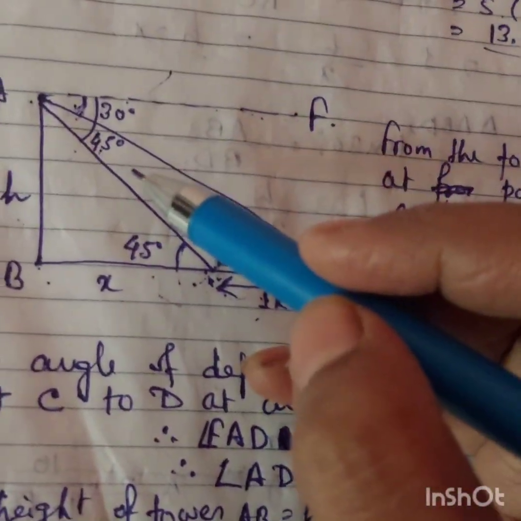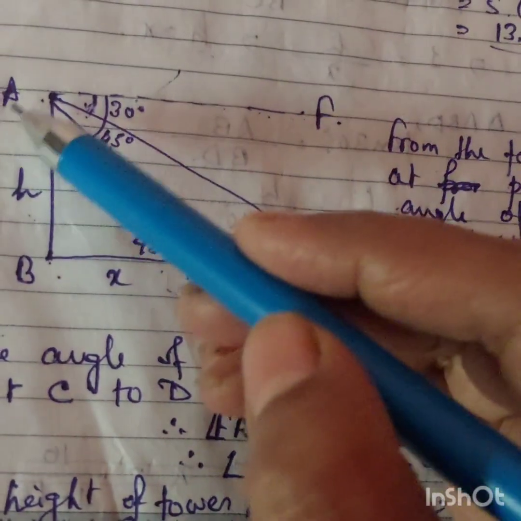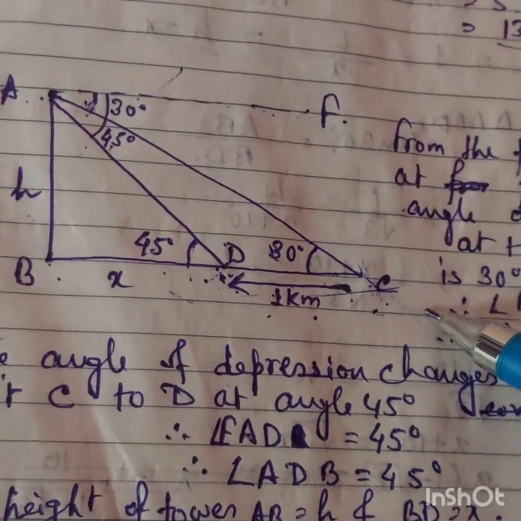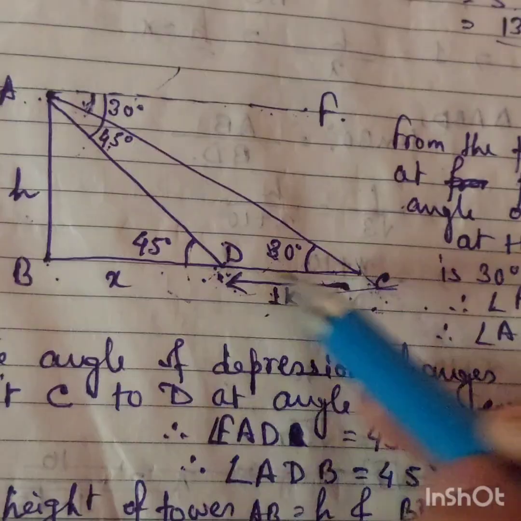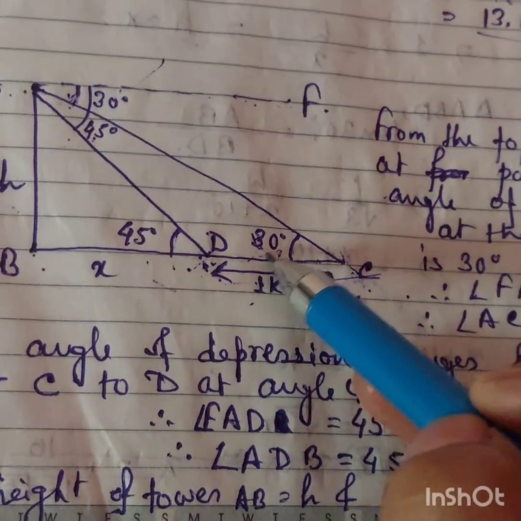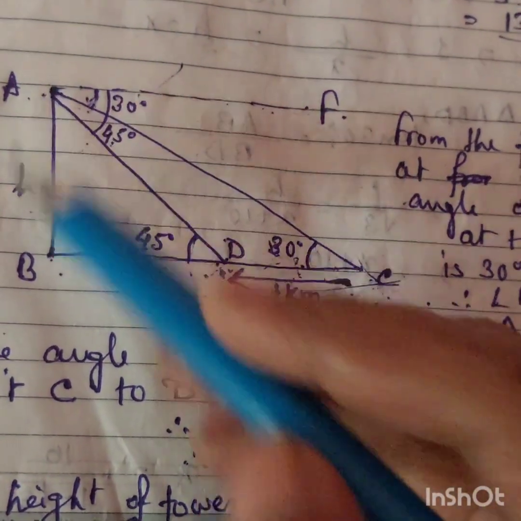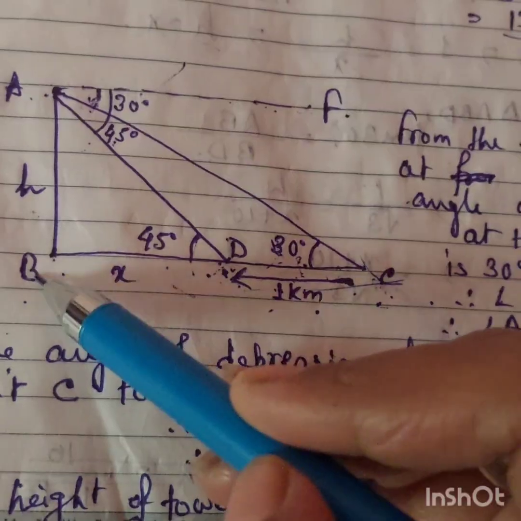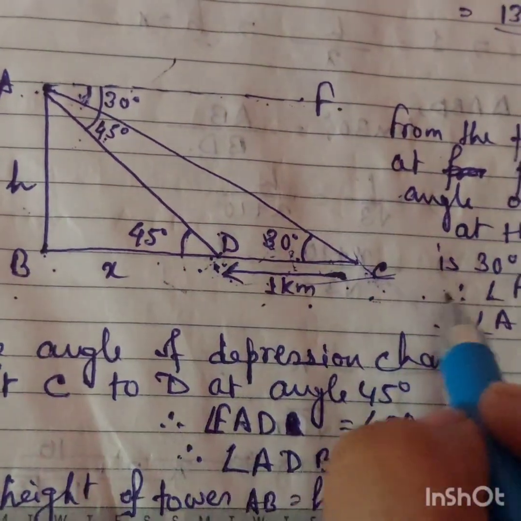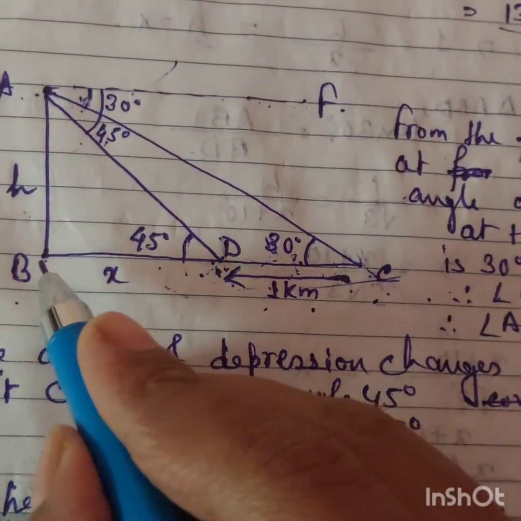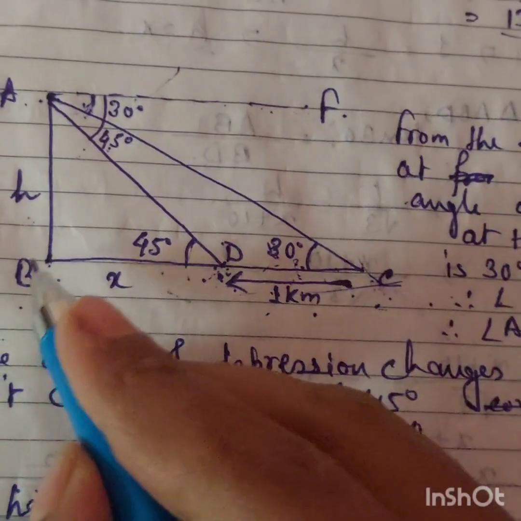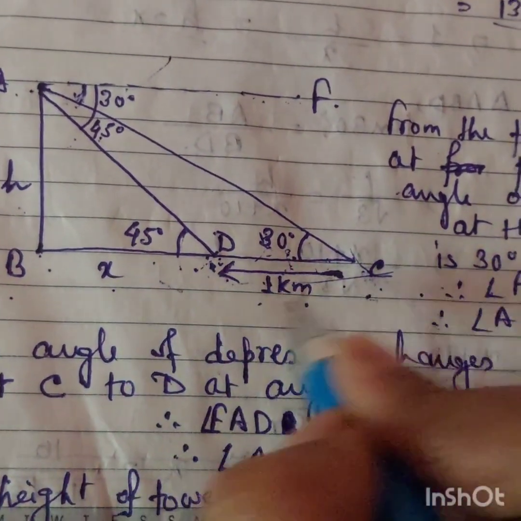Now from the triangle ABC, tan theta will be tan 30 degree, and perpendicular is AB and base is BC. So base BC means you have to add BD and DC. Your BD is x and DC is 1 kilometer.